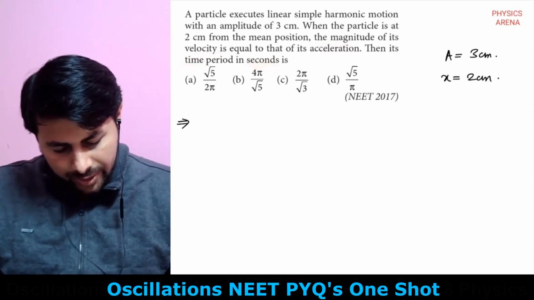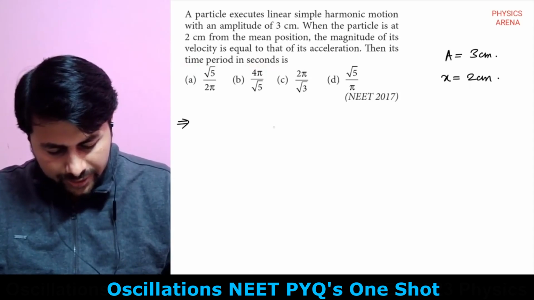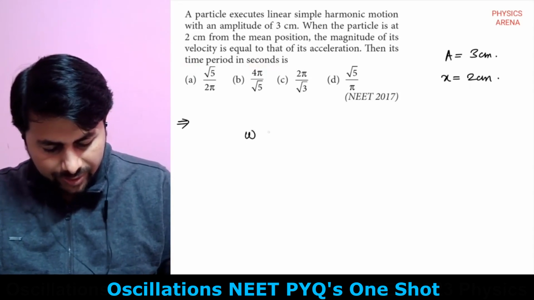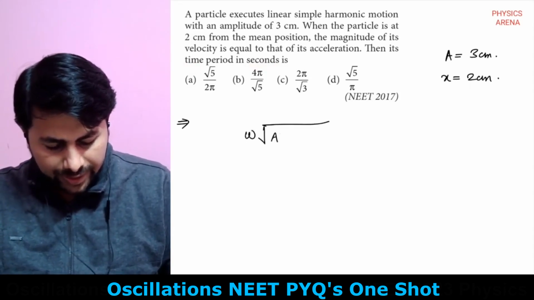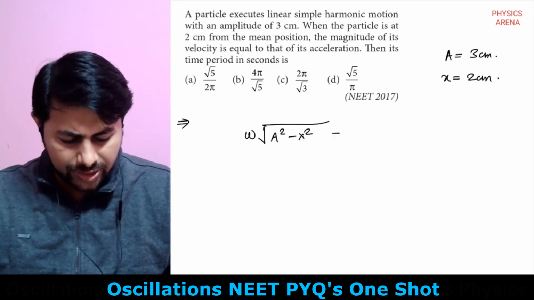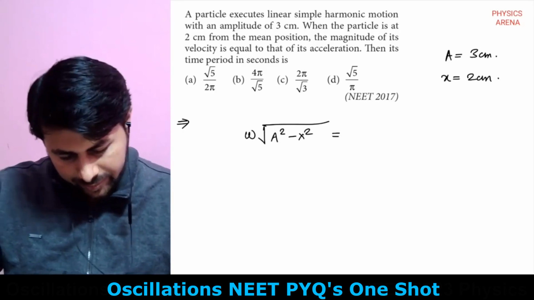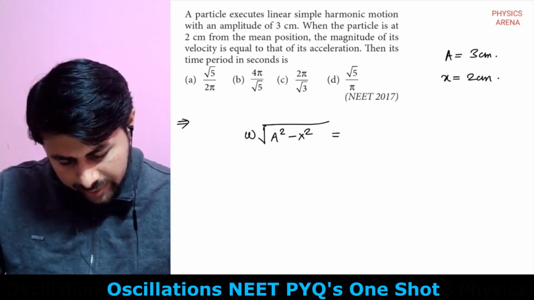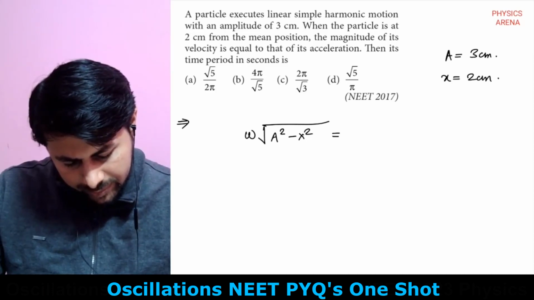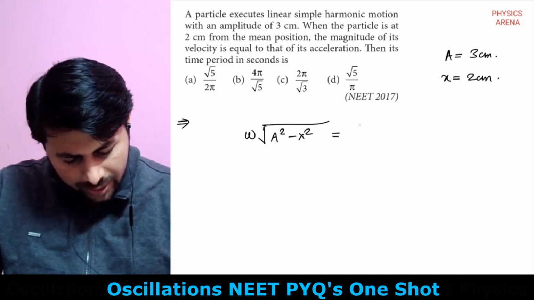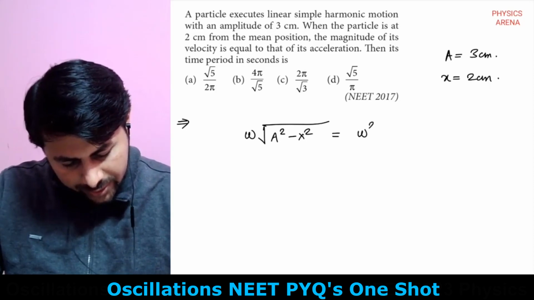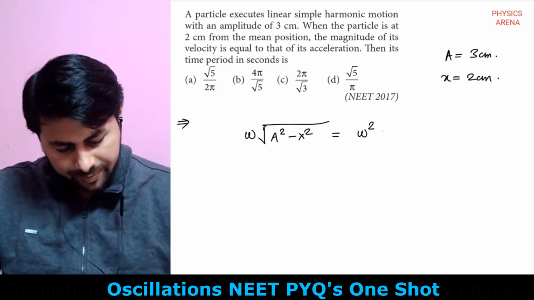Okay. So magnitude of velocity. Velocity is given by omega square root of a square minus x square. We just want magnitude. This is equal to the magnitude of acceleration, so it is omega square x.